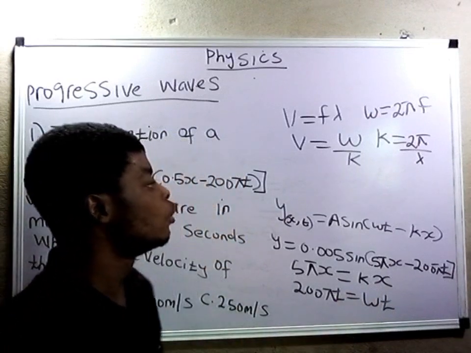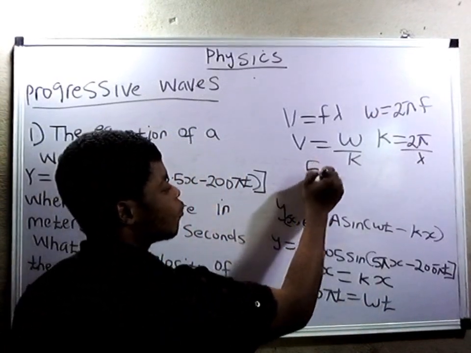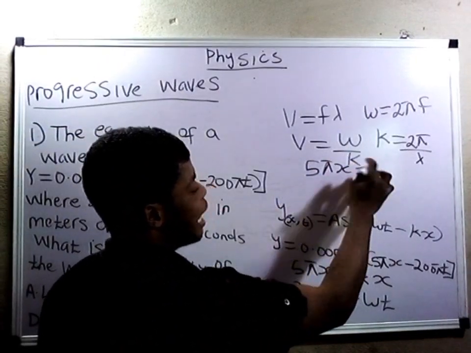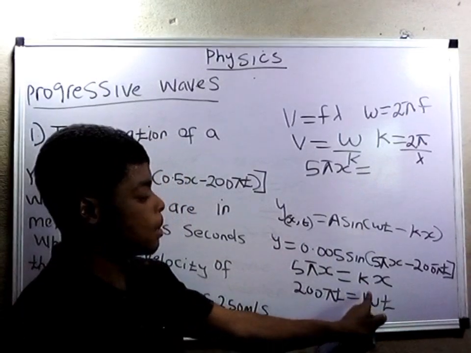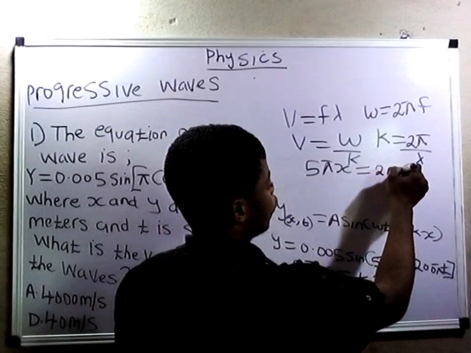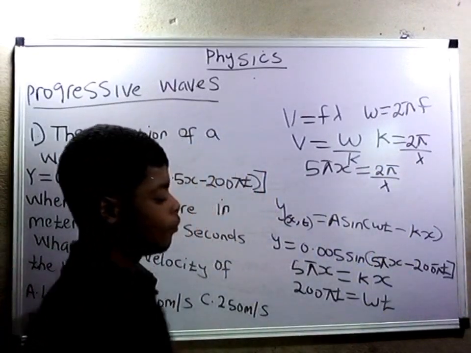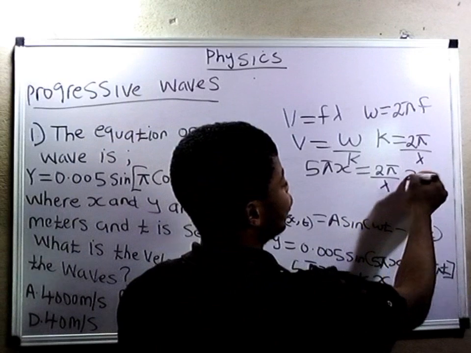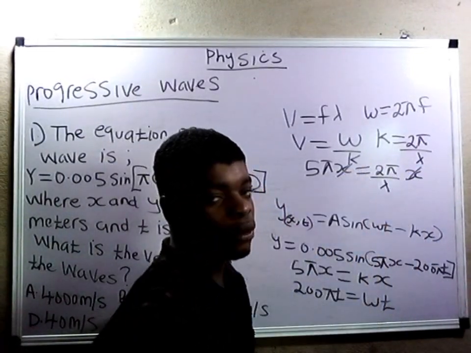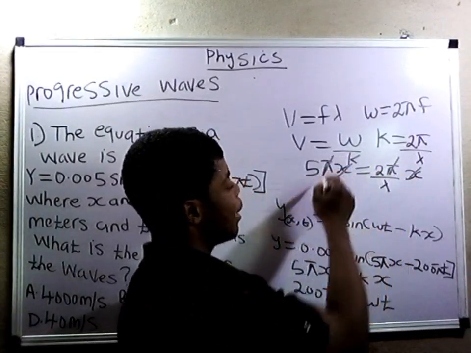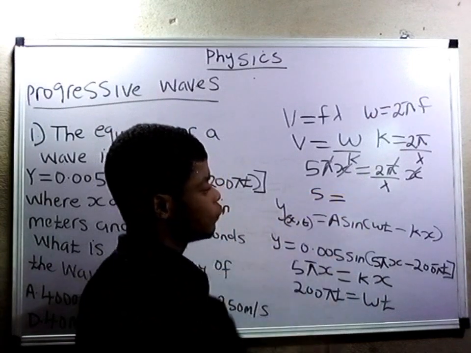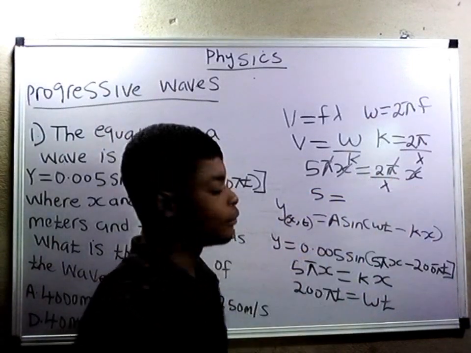So let's go for the first one, which should be 5 pi x equals 2 pi over lambda times x. To make it simpler to solve, x cancels x, pi cancels pi. What we have on this side is 5 equals 2 over lambda.